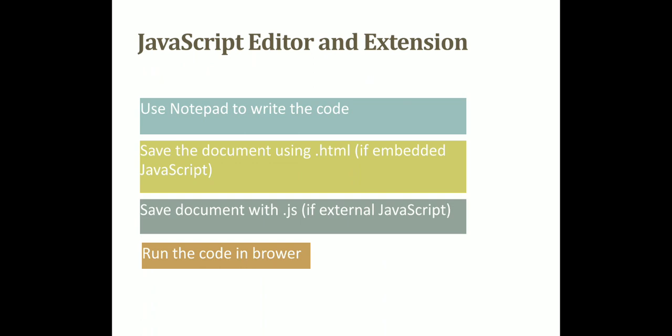Then the JavaScript editor and extension. For the editor, we need to use Notepad to write the code. We will save the document with a .html extension if the JavaScript is embedded, and if it is external JavaScript, then we will save that document with a .js extension and run the code in the browser.